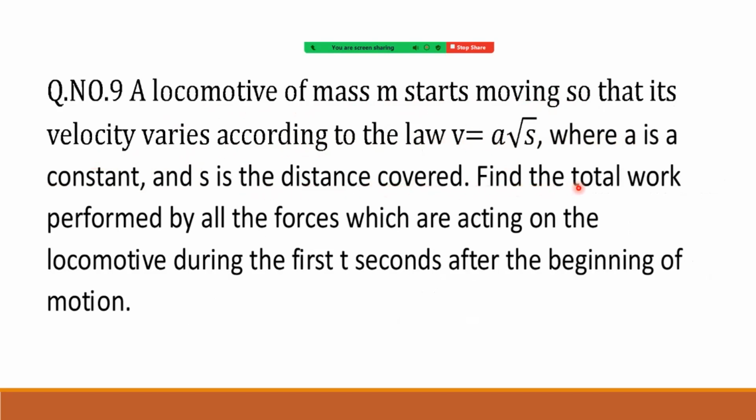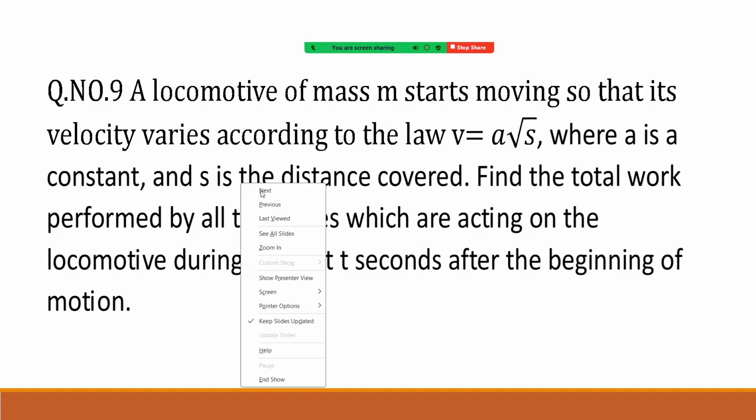Find the total work performed by all the forces which are acting on the locomotive during the first t seconds after the beginning of motion. So given velocity v equal to a root s. In the first t seconds, we have to calculate the net work done, right?